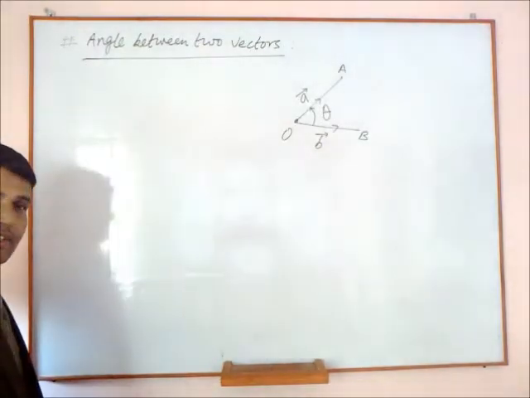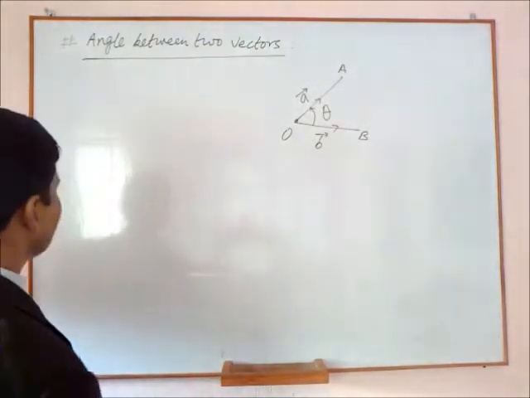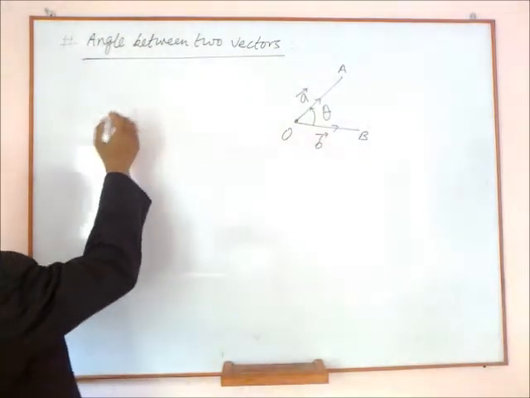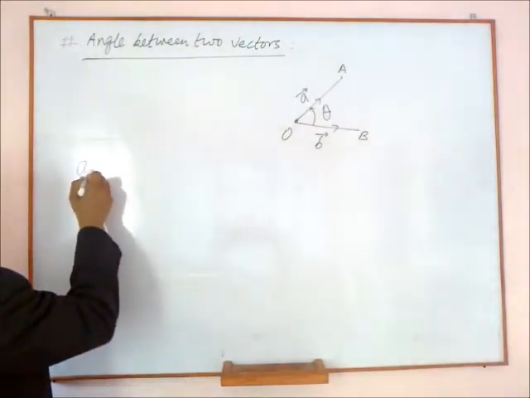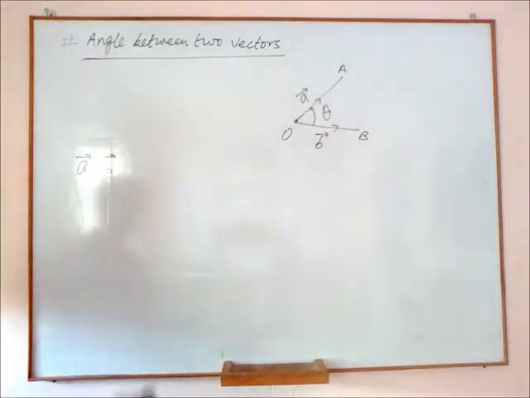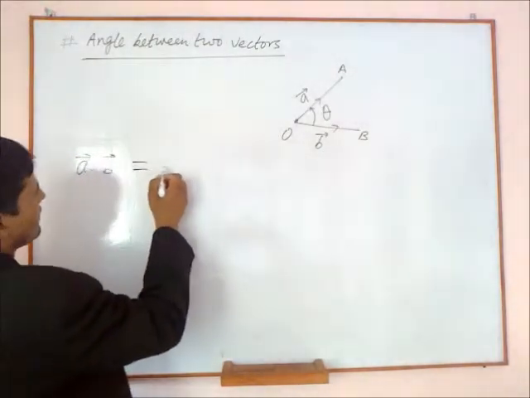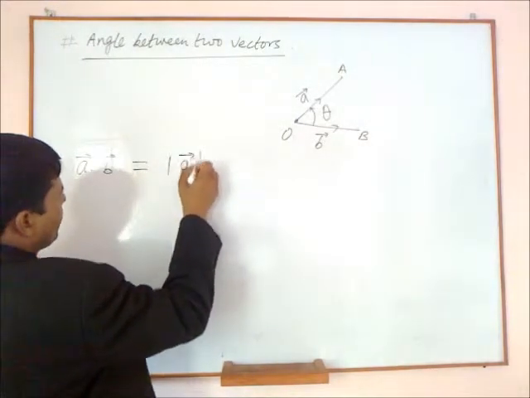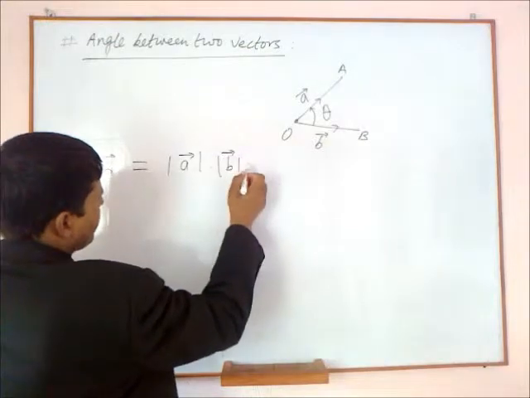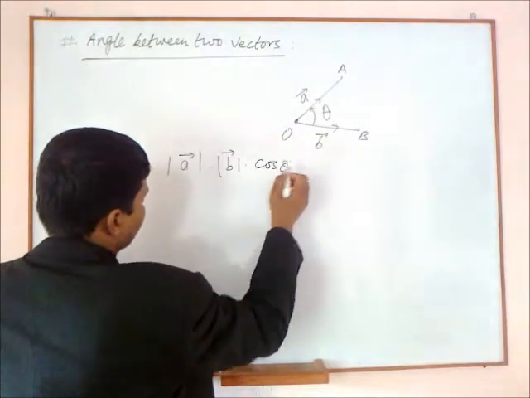We have already discussed that scalar product of two vectors A and B is equal to modulus of vector A times modulus of vector B times cos theta.